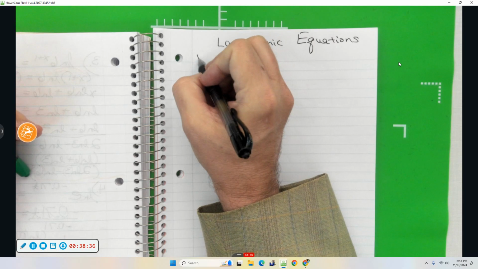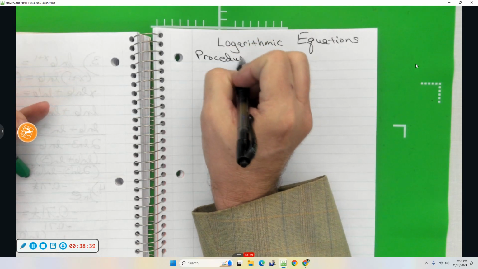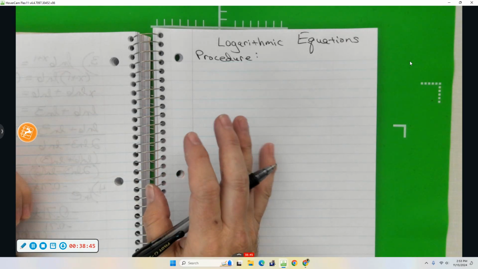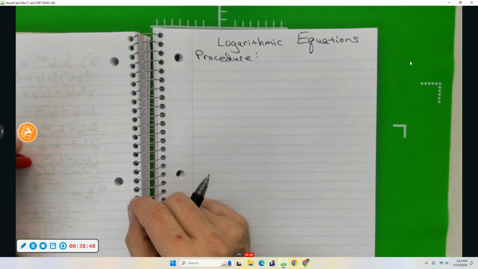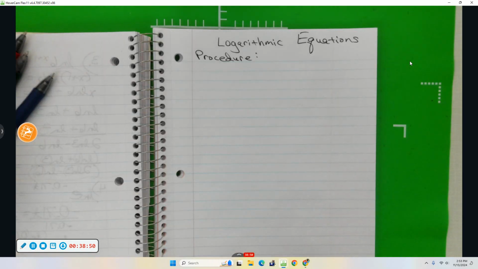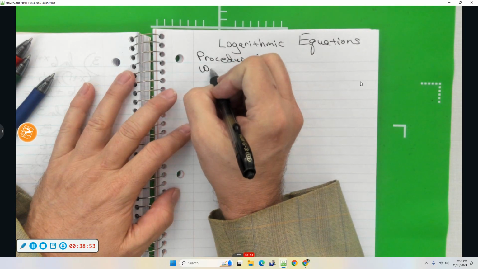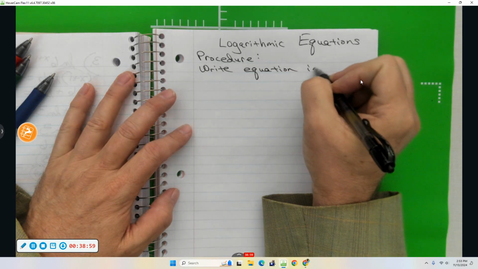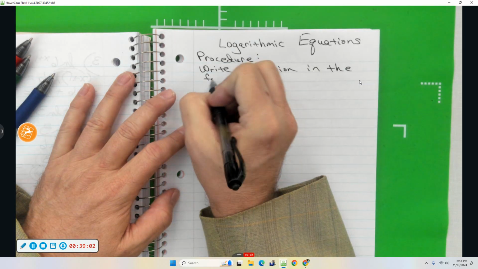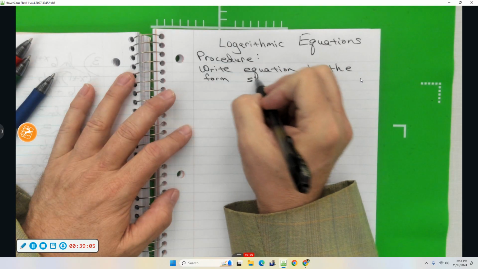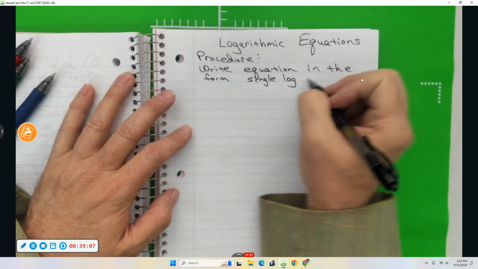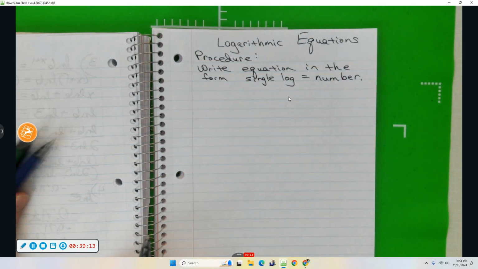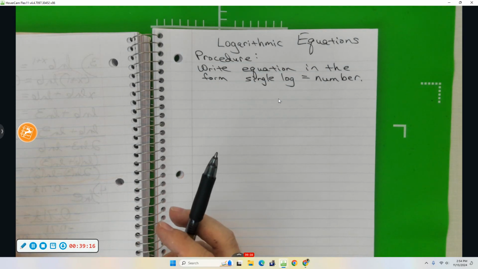Like we did the last time. Procedure. You'll have to use your skills at condensing logarithms. If there's multiple logarithms, you'll have to use your condensing skills from the last time to write the equation in the form. We write the equation in the form single logarithm equals a number. Need a single logarithm equaling a number.